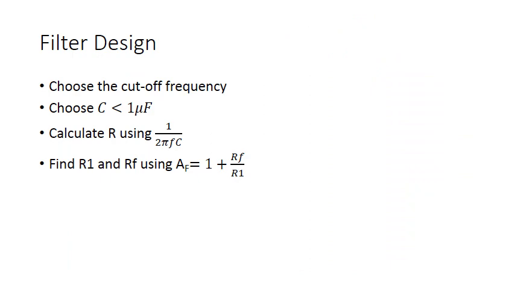Next we'll move on to the filter design. First we have to choose the cutoff frequency, that is FL, which will be given. Then we have to choose the capacitor C, which should be less than 1 microfarad. Generally we select 0.01 microfarad.